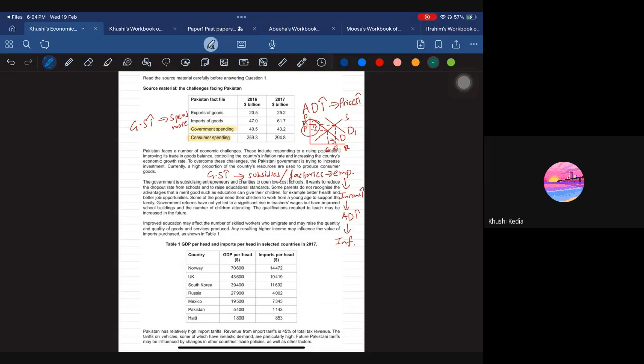The first reason why education would be a merit good is that it could lead to better health and better job opportunities, which in the future could increase the output of goods and services for Pakistan, which could lead to economic growth as well.